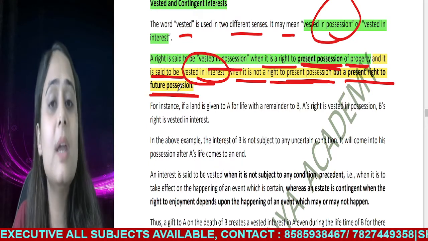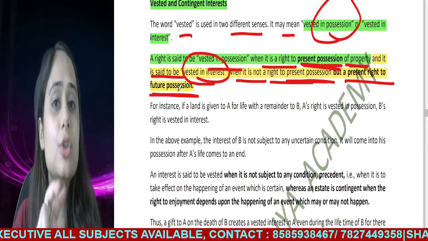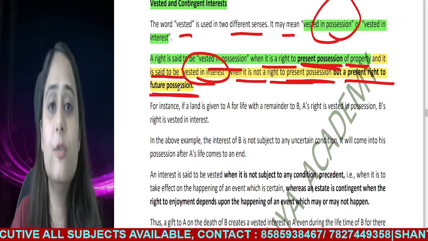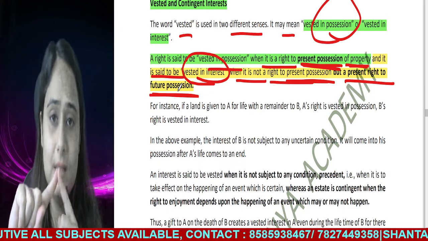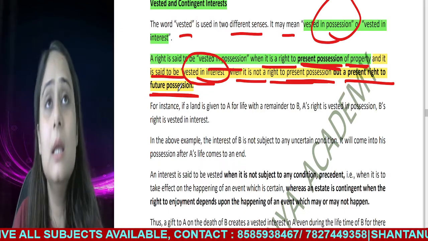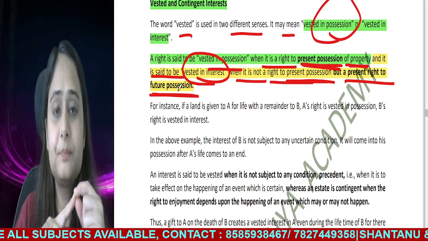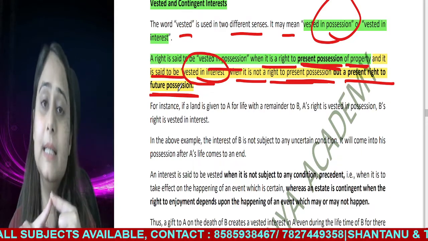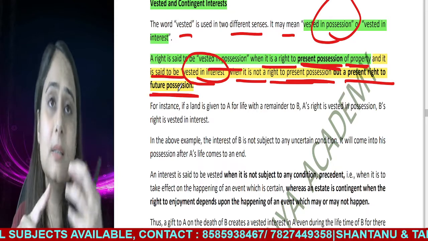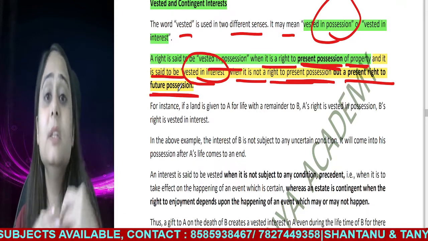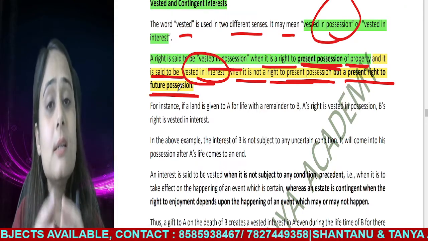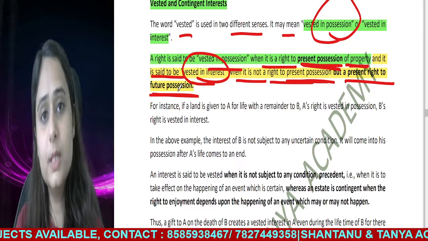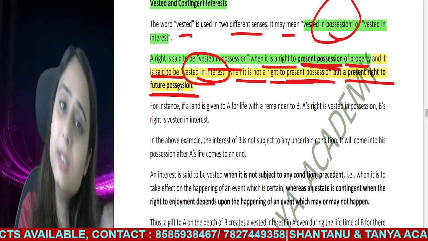Now listen to me very carefully. There are two words used in this particular differentiation. First is vested and the other is contingent. Vested means either something is being transferred to me with immediate effect, or something will be transferred to me on a future date, correct?